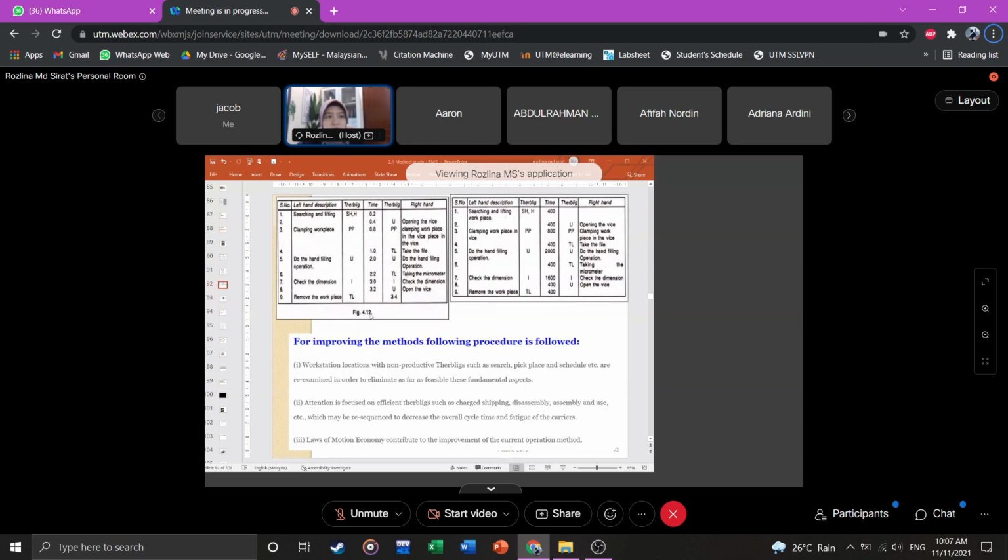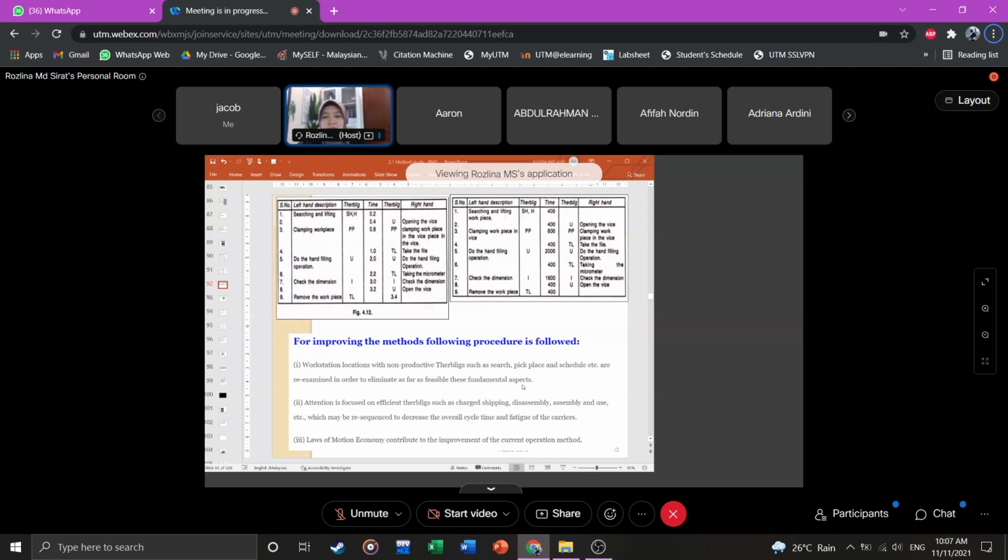This is before and this is after. They try to eliminate non-productive Therbligs such as searching, picking, scheduling, as far as possible.